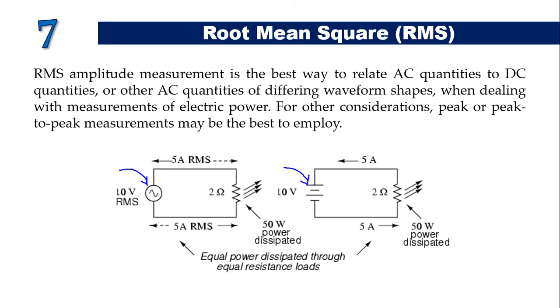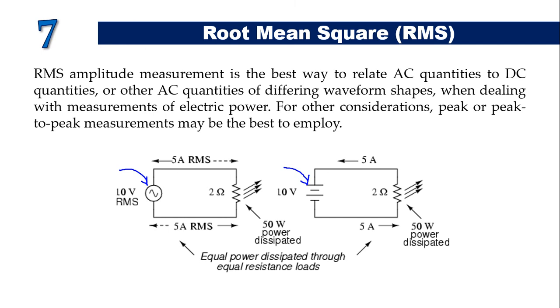Sometimes the alternative terms equivalent or DC equivalent are used instead of RMS, so we sometimes call it 10 volt equivalent voltage or 10 volt DC equivalent voltage. But of course, it is better to use RMS. RMS amplitude is the best way for power measurements.